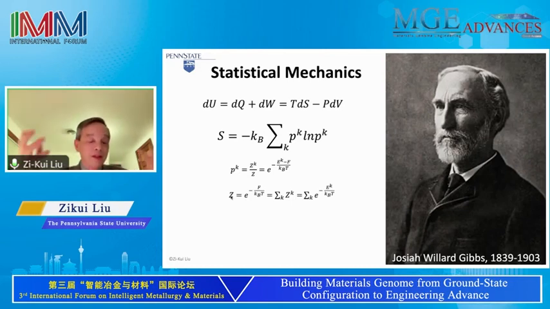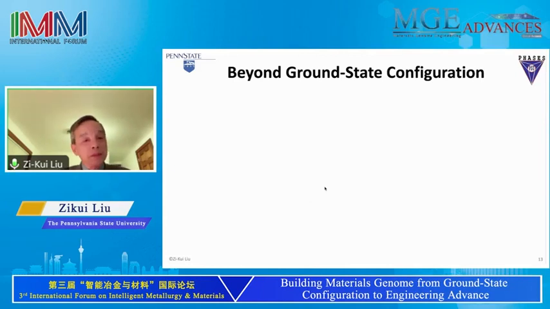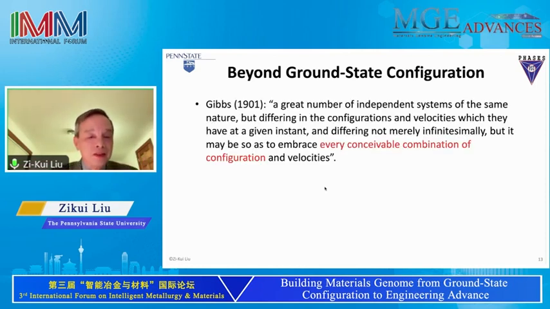Now, if you do the Helmholtz energy, then you find that the free energy of the system is a function of all other configurations, not only the ground state, right? So this goes to the Boltzmann equation too. That means we have to go beyond the ground state configuration. Then we have the system in the experiments, they experience many more states, just exactly what Gibbs mentioned in 1901.